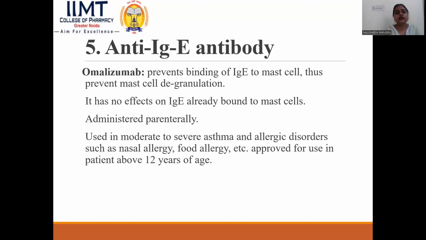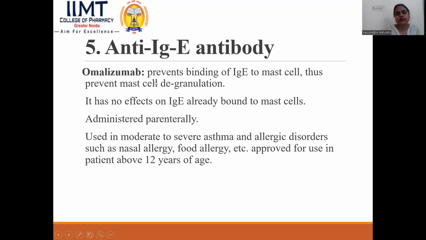Next class of anti-asthmatic drugs is anti-IgE antibody. Example, omalizumab.